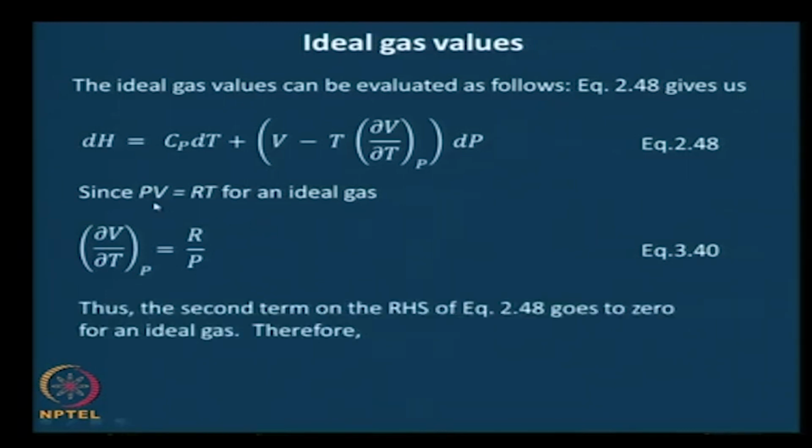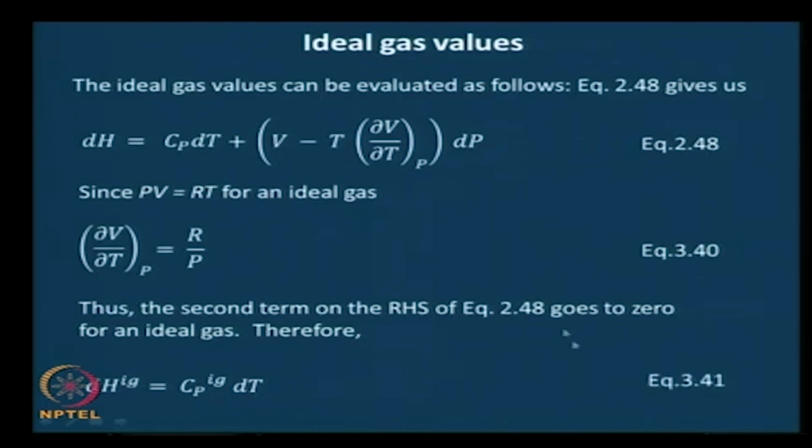Now, the second term on the right hand side of 248 will go to 0 for an ideal gas, and therefore, dH ideal gas is Cp ideal gas dT alone.